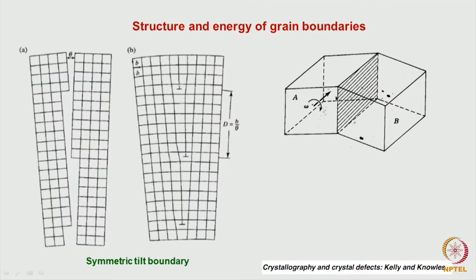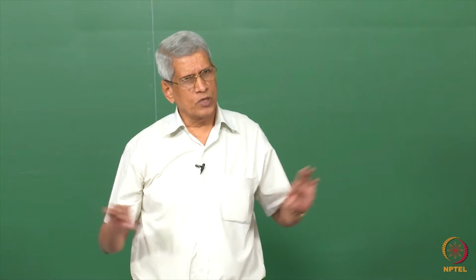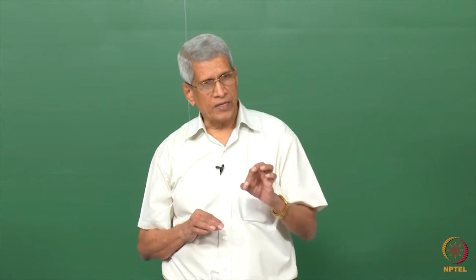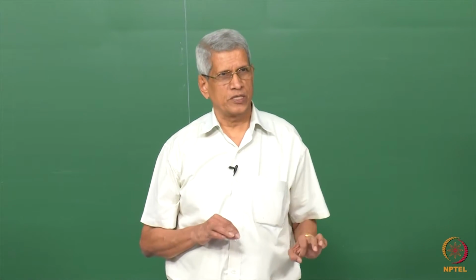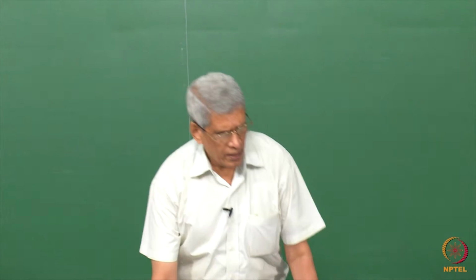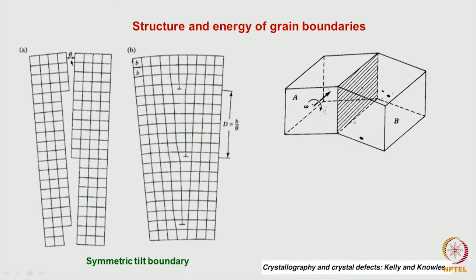Generally, what happens is that even if we take a single crystal of a material which has been grown by various processes, we will always find that this sort of boundary does exist. Very small angle boundaries are there. In this particular case, we are showing a simple cubic, two-dimensional lattice, and here it's a close packed plane, with a lot of ledges which have been created.